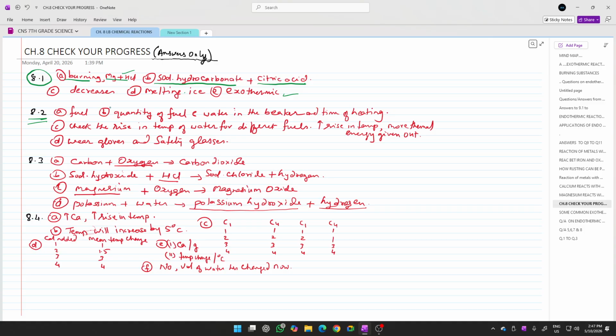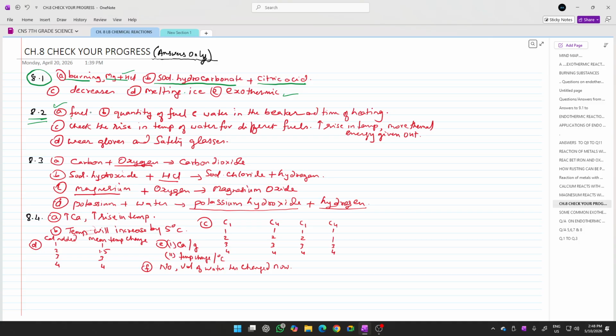He uses the apparatus like this. Here also you can refer to the textbook. The question for A is: which variable will Marcus change? The variable that is changing will be the fuel. So the answer for A is fuel.